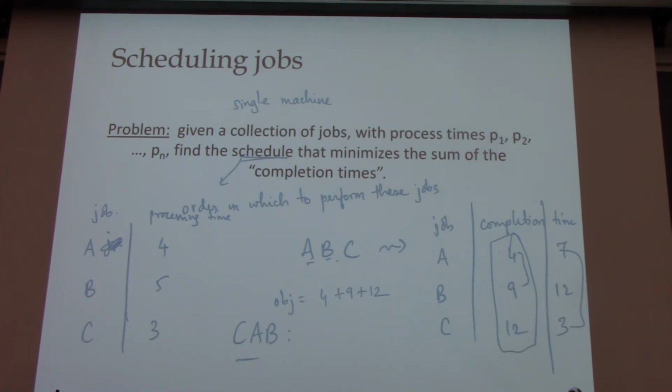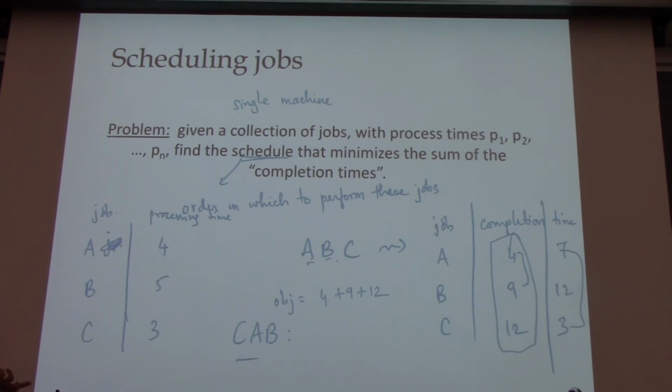And how did you come up with this ordering? Hopefully none of you said I checked all possibilities. In this case, there is some intuitive notion that I need to get jobs done as quickly as possible, right? Because our goal is to minimize this completion time.